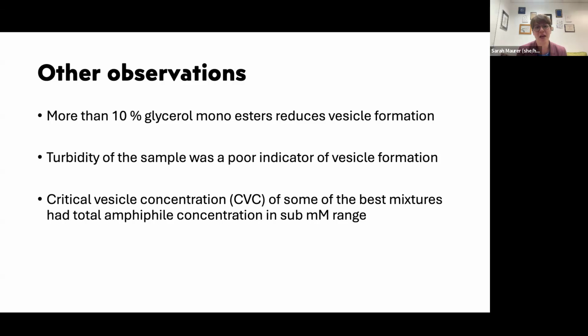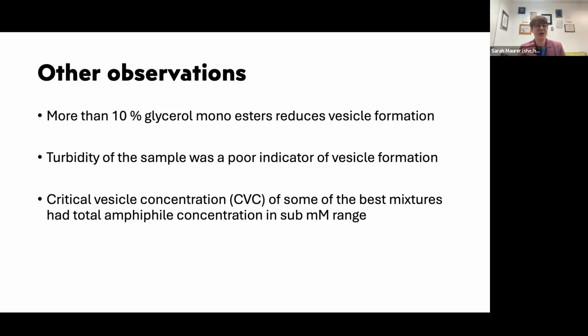The phosphoglycerol. One of the other really interesting observations was that when we looked at turbidity, because I've been doing this for a while, I thought, oh, if the sample's turbid, then it probably has vesicles. And it turns out that a lot of our samples that have almost no turbidity have vesicles in them. So we actually couldn't use a quick scan.